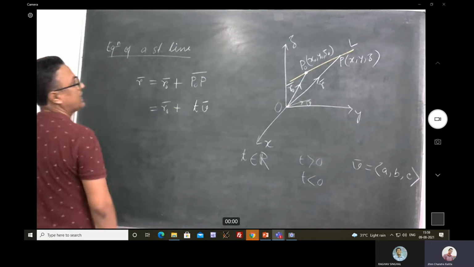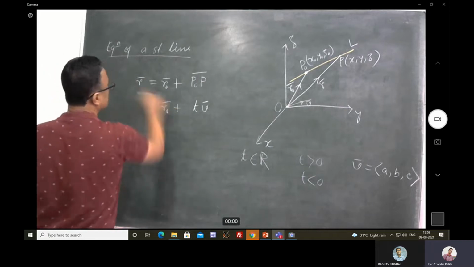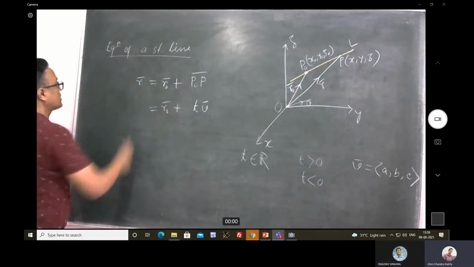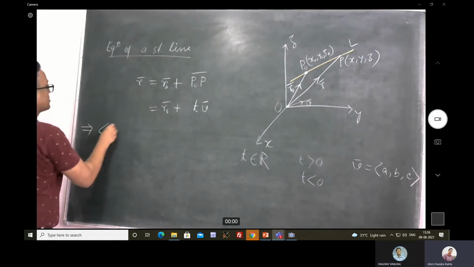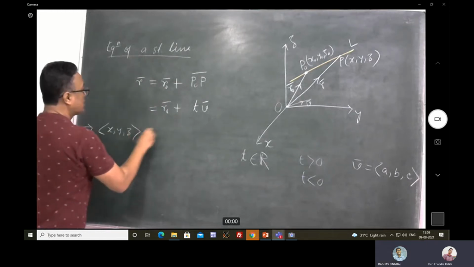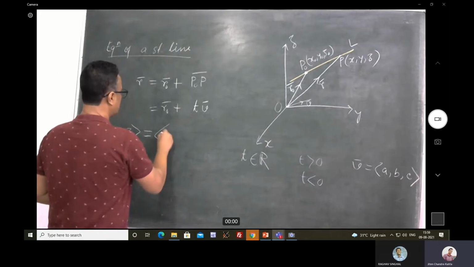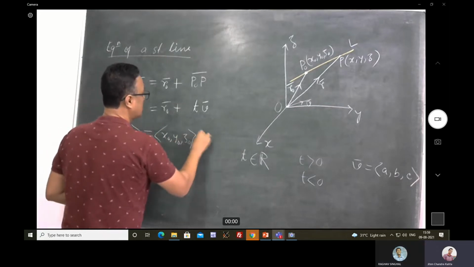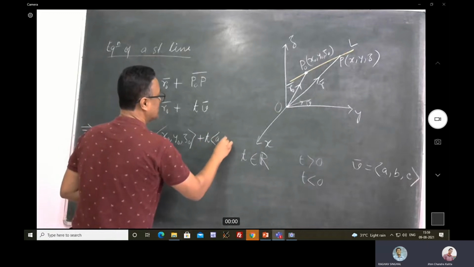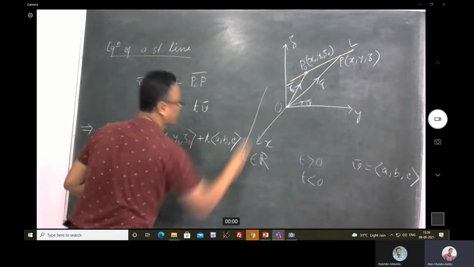So this is what we did in our last class. Now, if I decompose this vector into its components, we get (x, y, z) equal to (x naught, y naught, z naught) plus t(a, b, c).